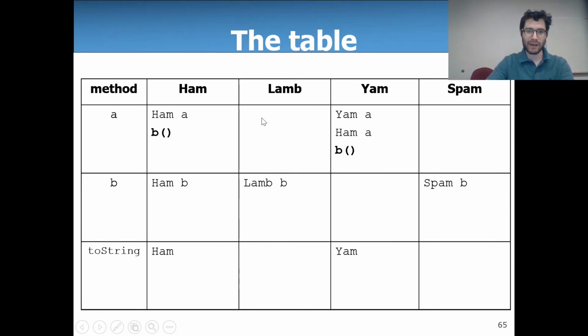Our parent's method for A is non-existent, so we go to their parent's method, which says print out ham A and call your B method. And then its toString is overridden. Spam doesn't do anything but override that. So we look at our table, and for lamb, we just copy this over, ham A and B, and the toString we copy over.